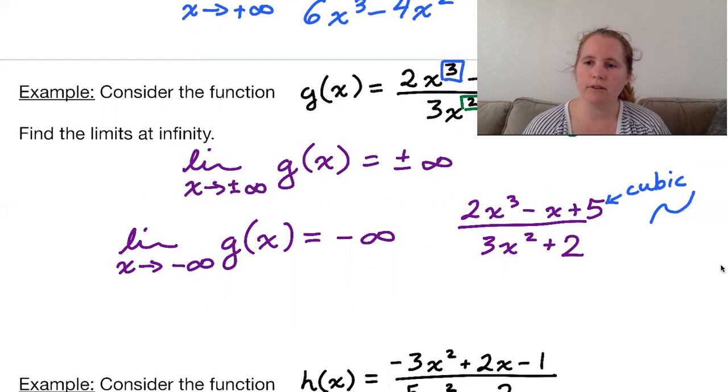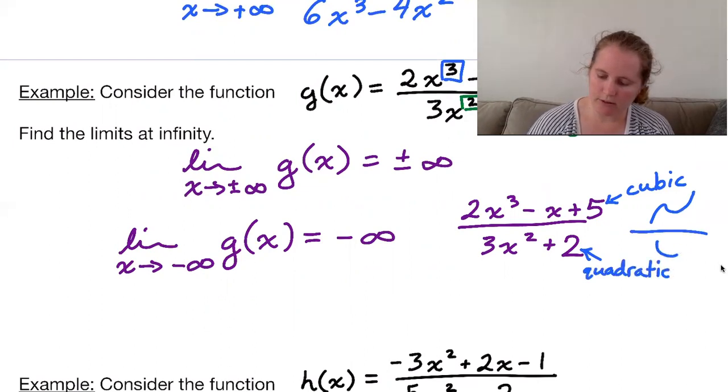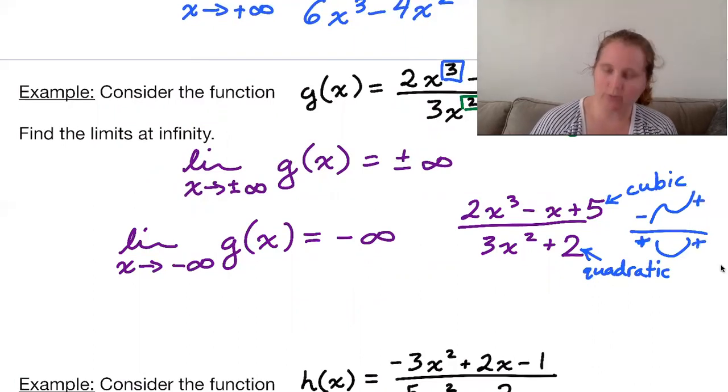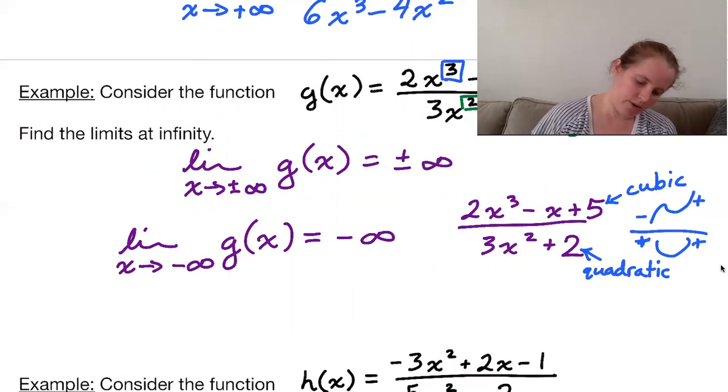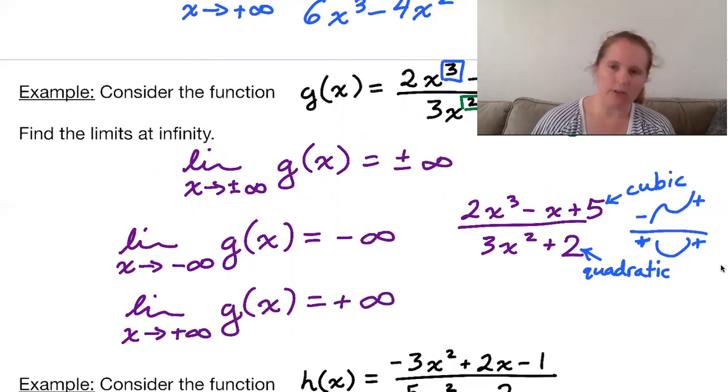It goes negative on the left, versus a quadratic with a positive leading coefficient, which looks like this. So we will wind up with negative over positive going to the left and positive over positive going to the right. So the limit as x goes to positive infinity of g of x will be positive infinity.